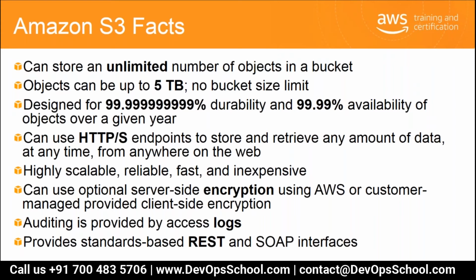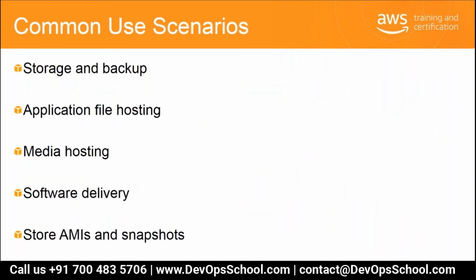This is provided on standard REST and SOAP based interfaces. So that's how S3 is typically designed. The reliability, durability, and availability are highly efficient. That makes it a highly scalable and reliable service to use.